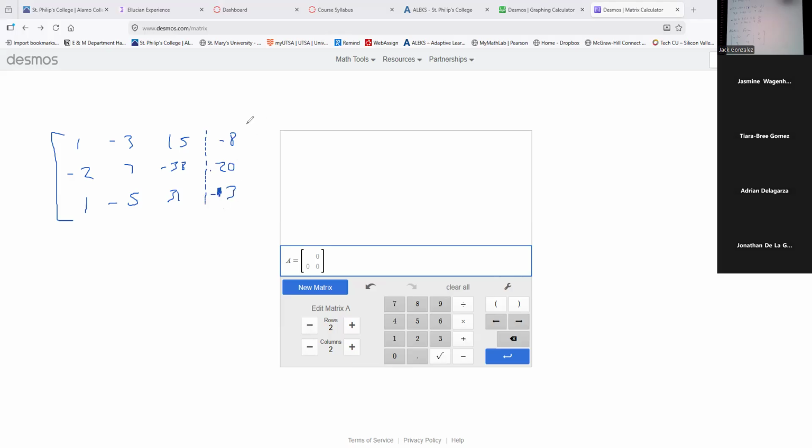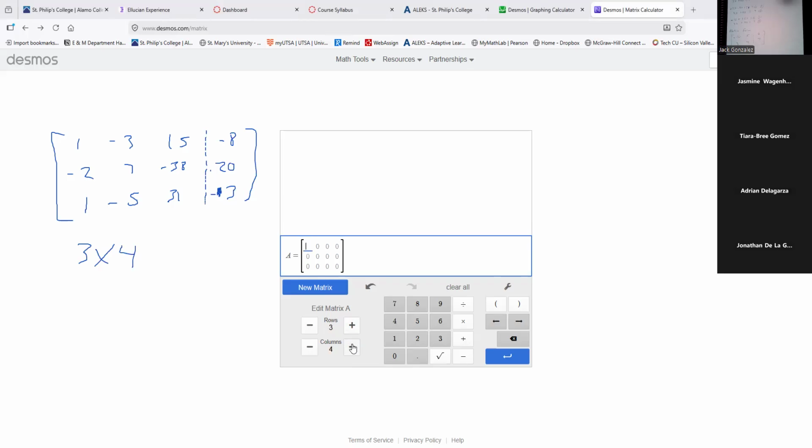Okay, so once you change the matrix form, remember we have 3 rows and 4 columns, right? RC. So we got 3 rows, 4 columns.